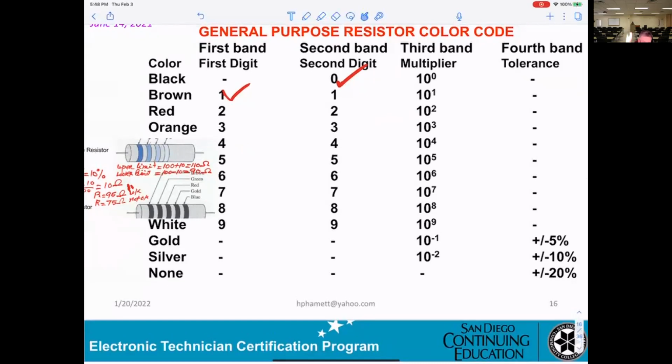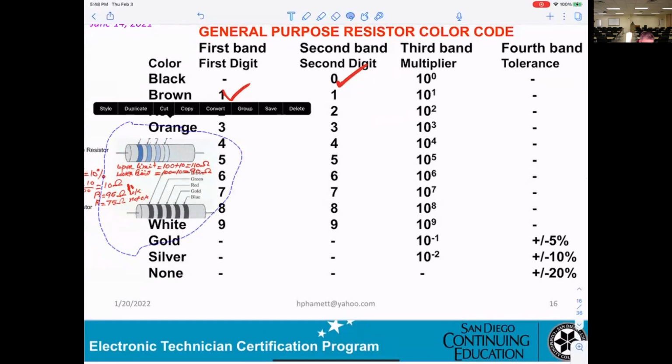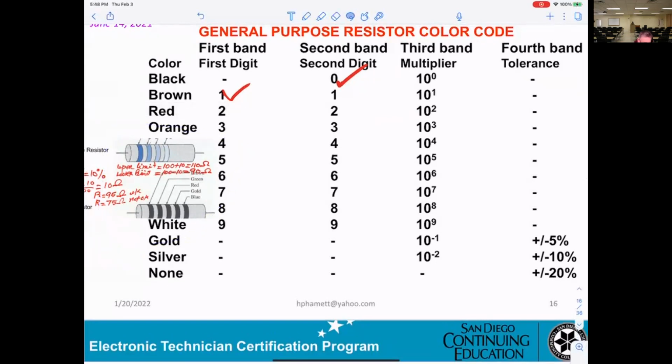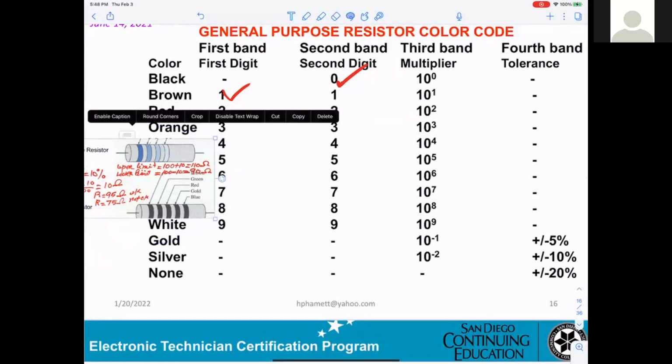Yeah, I want to click it in here. Select here. Copy, cut. They don't cut it. Select it.